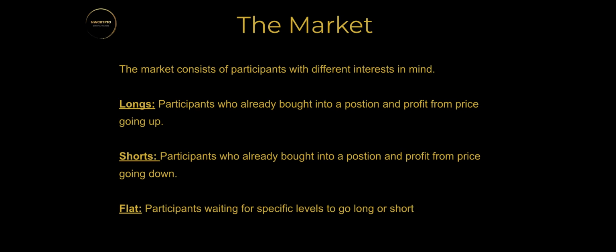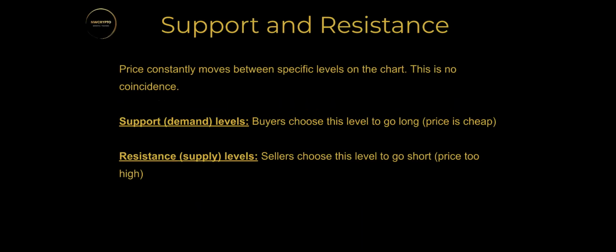Hence, they make money whenever price declines. And our third group is the group of people that is currently flat, meaning participants that are waiting for specific levels to be visited by the price in order to go either long or short.